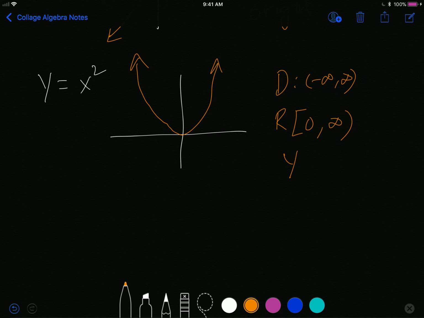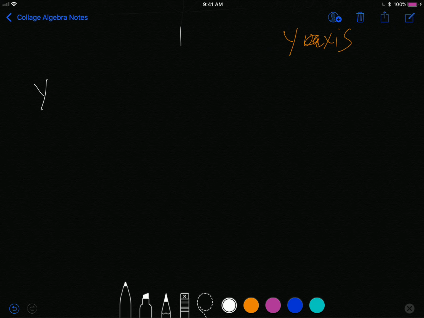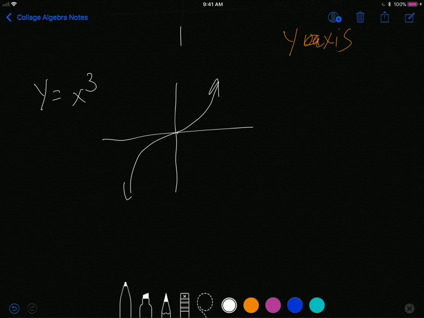That's symmetric to the y-axis. Then you have your y equals x cubed. The cube graph we just did. Looks kind of like an S. I like to think of Superman when I think of this right here. Domain, all real numbers. Range, all real numbers. Symmetric to the origin.